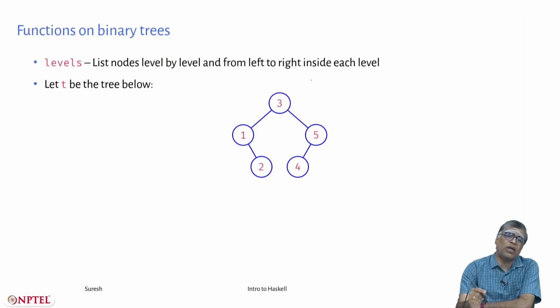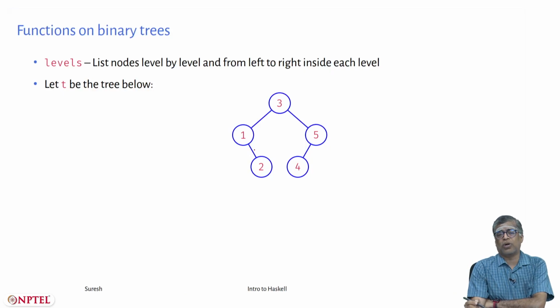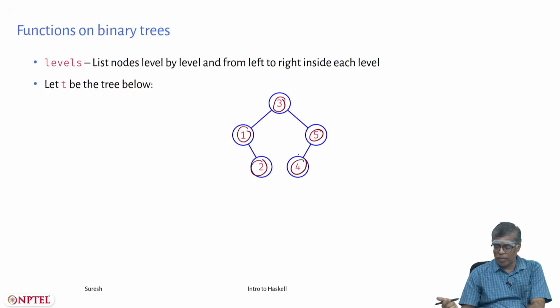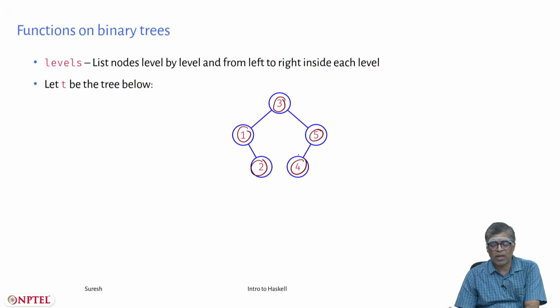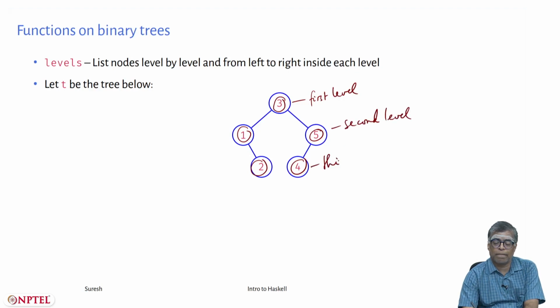So, let us look at the tree here. The way I should list this is 3 first and then 1, then 5, then 2, then 4. I should list it level by level, right. This is the first level, second level, third level.